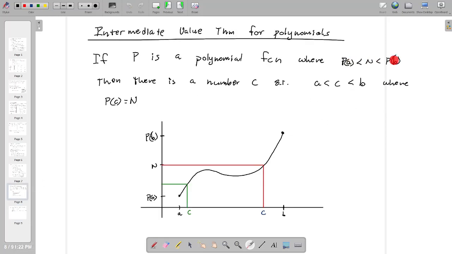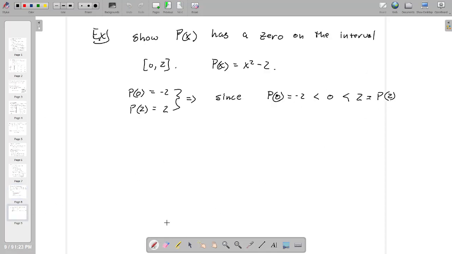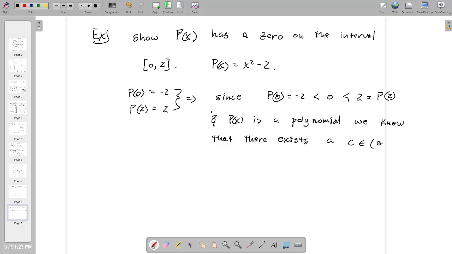P of A is less than n is less than P of B. Since that's the case, and we have a polynomial, we know that there exists a C on the interval 0 to 2 such that P of C equals 0, which tells us that there is actually a 0 on that interval, which is all we wanted to find. We don't actually need to find the value of x. We just need to show that there is an x value that maps to 0, and we've done that by using the intermediate value theorem here.